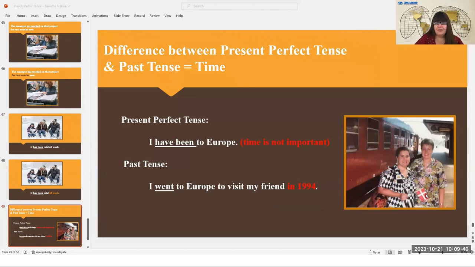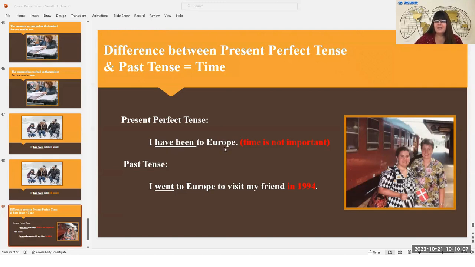Now let's look at the difference between present perfect tense and past tense, because sometimes students have a question about this and they don't understand 100%. The difference is time. So let's look at two examples down here. In the present perfect tense, I would just say, I have been to Europe.